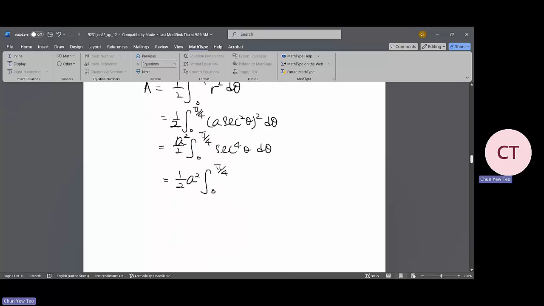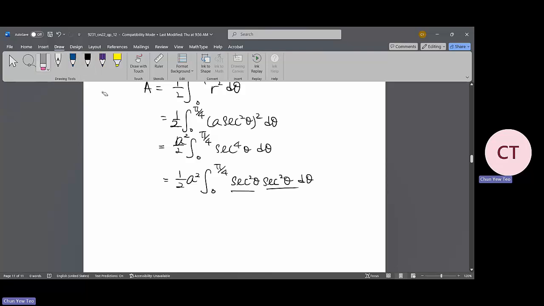So to integrate sec to the power 4, we can make it sec squared times sec squared. Based on experience, we need to know that sec squared can be written as 1 plus tan squared.